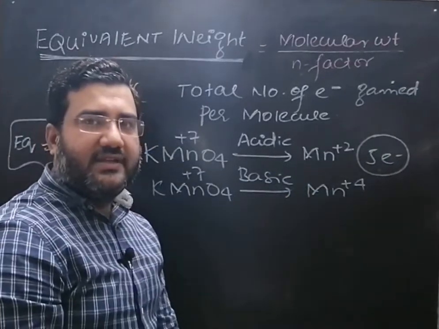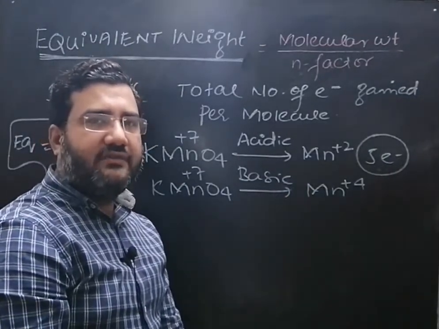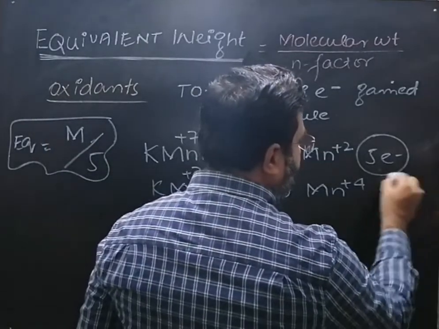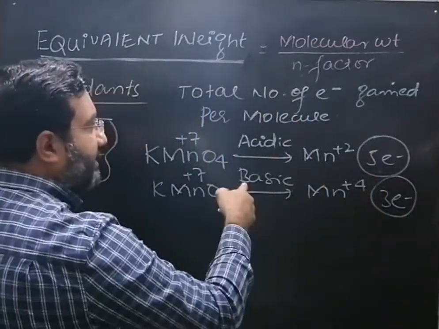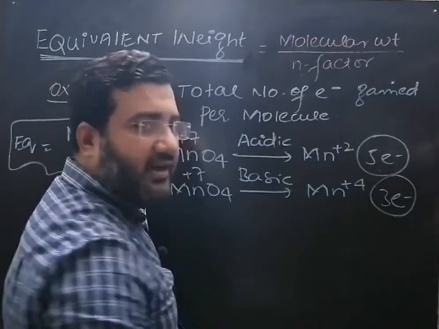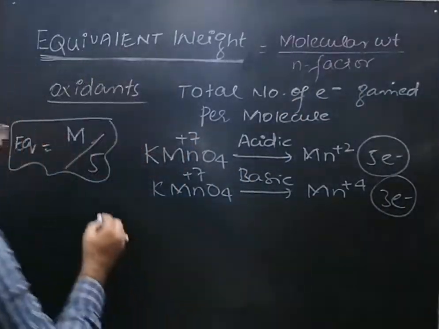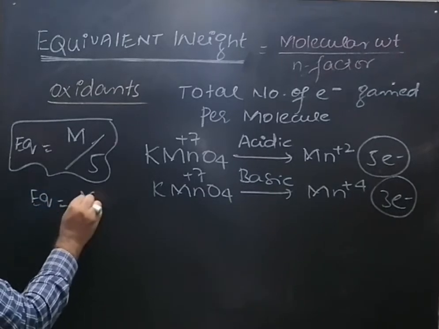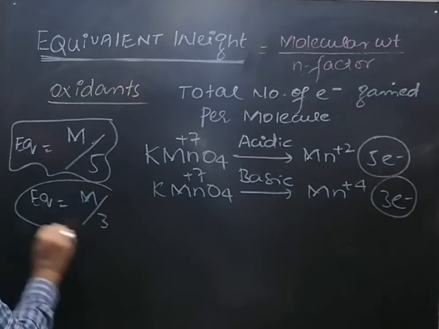How many electrons has it gained? That is equal to the difference of the oxidation states, which is 3. So it has gained 3 electrons, and in the basic medium its N factor will be equal to 3. So in the basic medium, what will be its equivalent weight? That will be equal to molecular weight divided by 3.